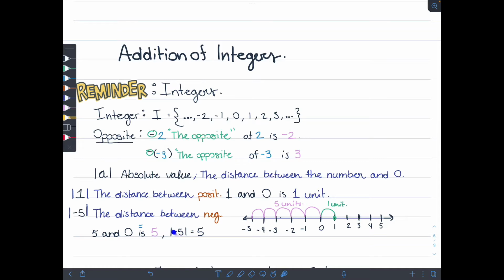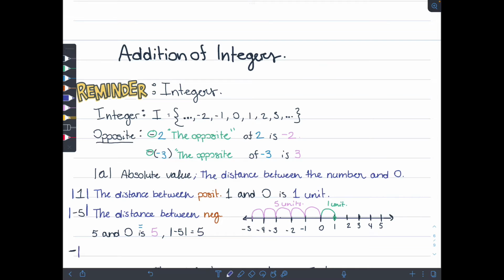So that means whatever number or integer you place within these absolute value signs is always going to be its positive form. Just like that 1. Our absolute value of 1 is 1, positive 1. Do you see this? Interesting, ain't it?